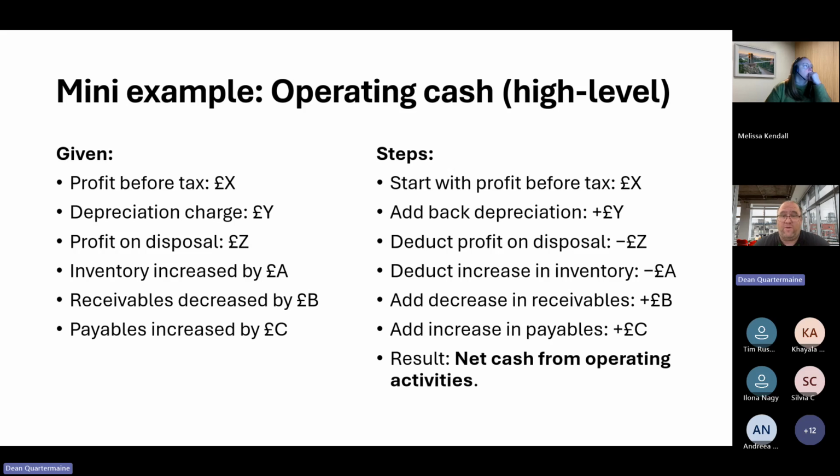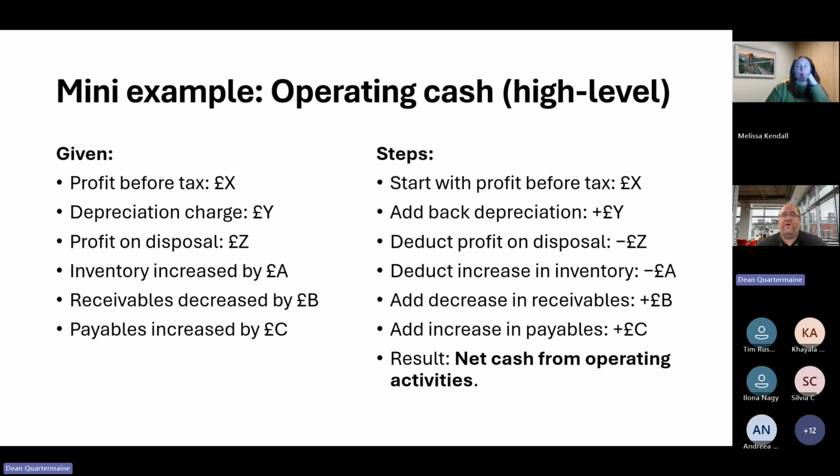You just need to know what the pattern is. So we're going to start with profit, add back in the non-cash expenses, strip out any non-operating items, and then adjust for working capital.